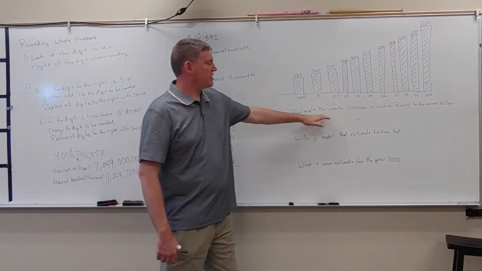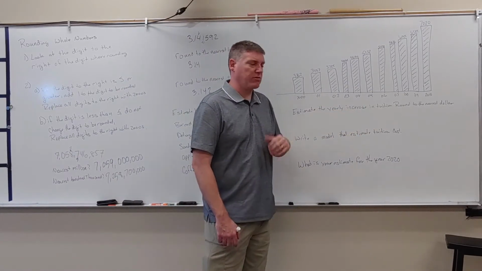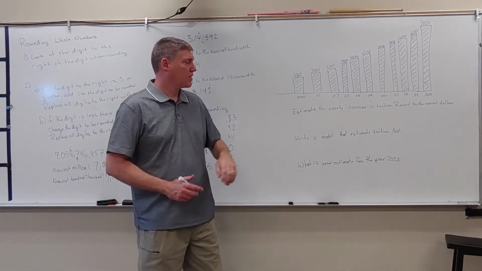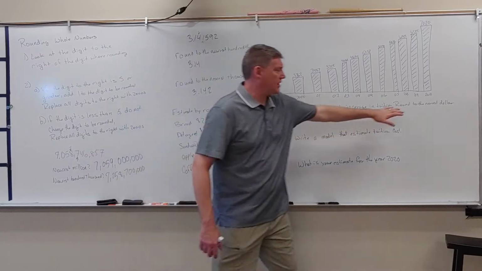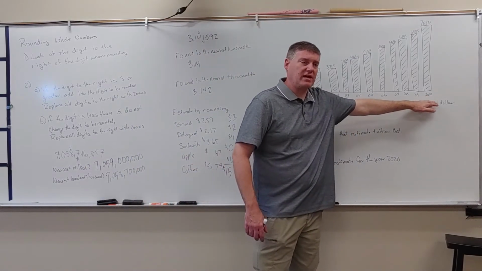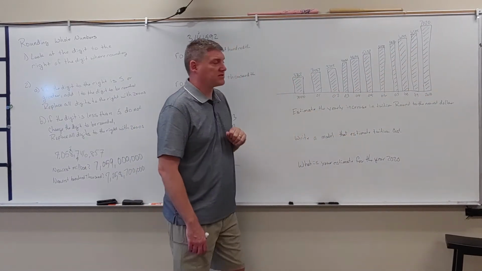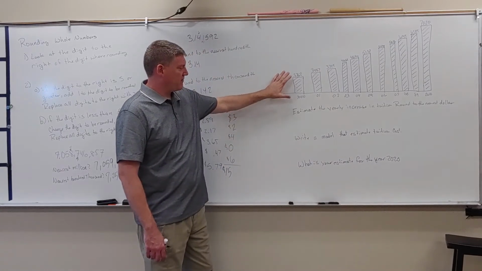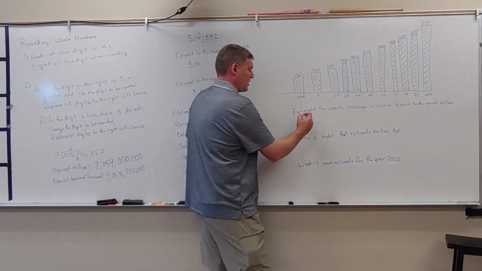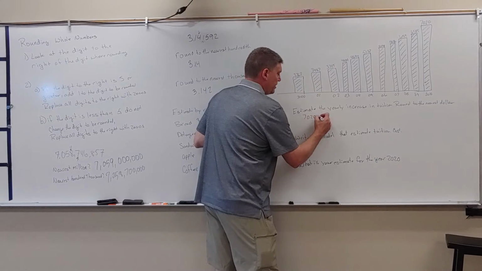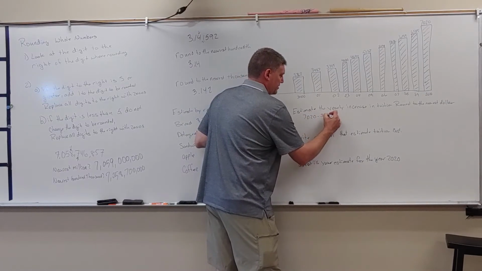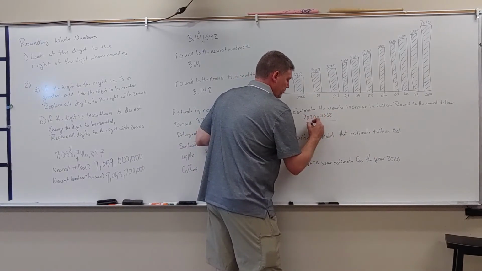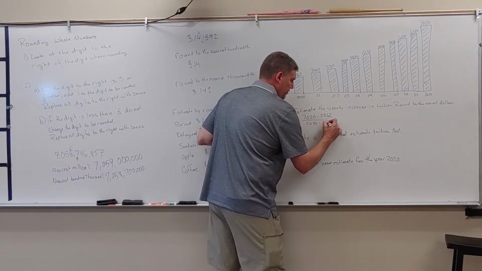And we want to estimate the yearly increase in tuition, and we want to round that to the nearest dollar. So what we're going to do is take our last input value, 2010, and that amount of 7,020, and we're going to find the difference between these. 7,020 minus 3,362 over 2010 minus 2,000.